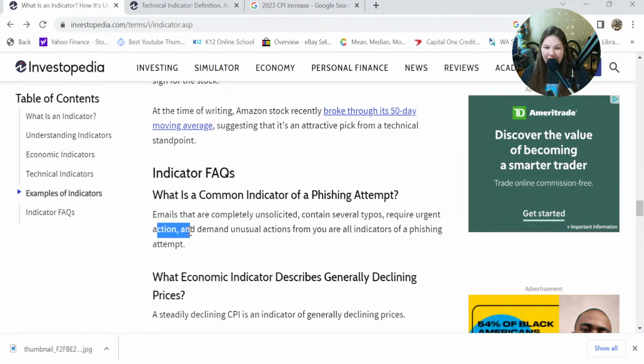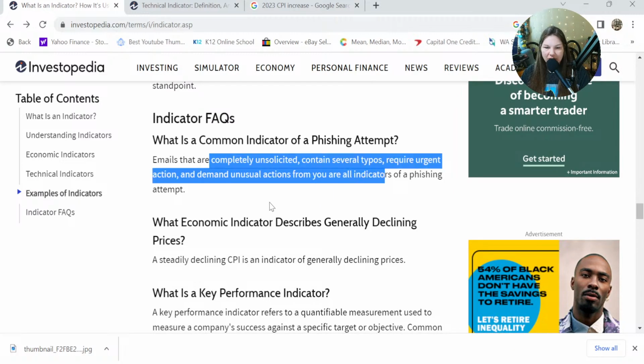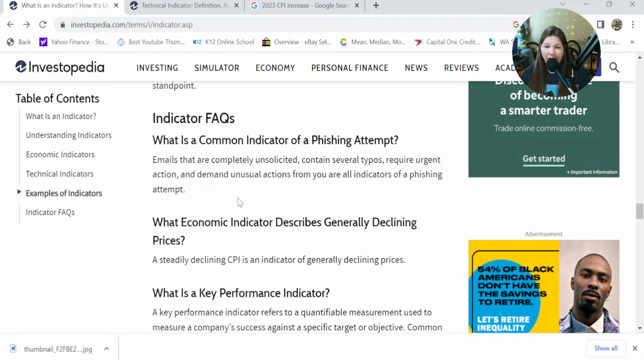If it has an urgent action like hurry or your account is canceled, don't check it. Or it may say log in here to find out, don't do that. Don't do any of those things. Just ignore it. If it's really that emergent, they will contact you in a different way. Through email is not how somebody is going to cancel your whole life. Trust me.